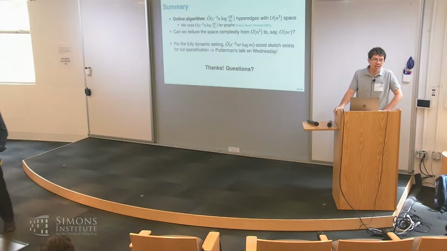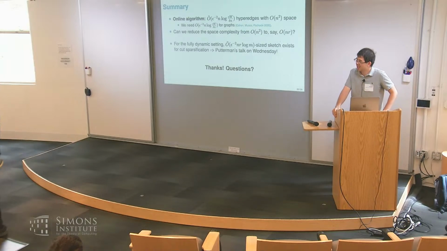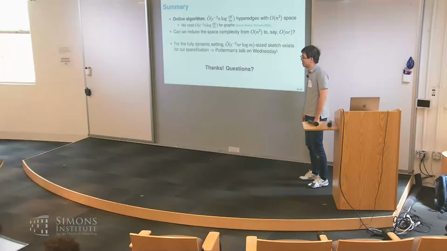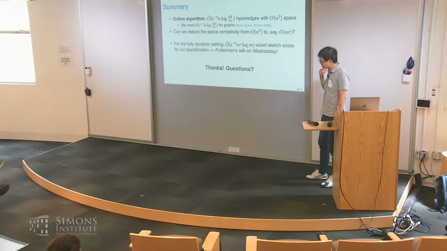Question: just a very basic question to understand the difference between cut sparsifiers and spectral sparsifiers. I guess the first has to work only for 0-1 vectors, and this one has to work for any vector x. Is that the main difference? Is there a simple example of a cut sparsifier that's not a spectral sparsifier?